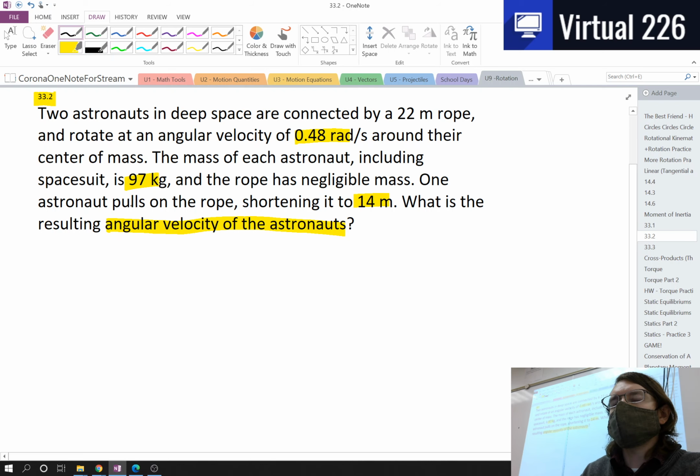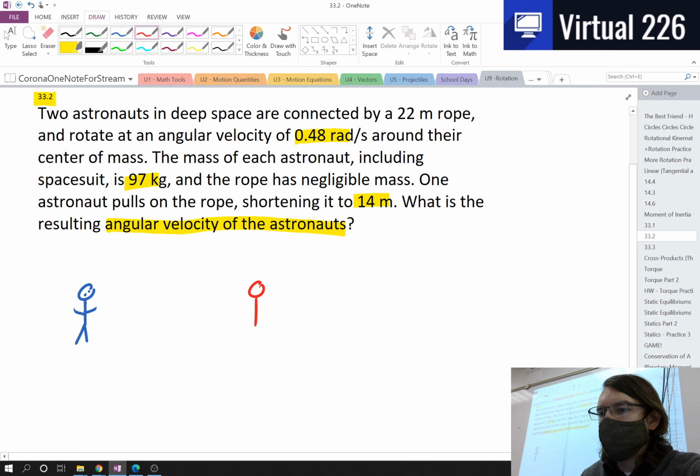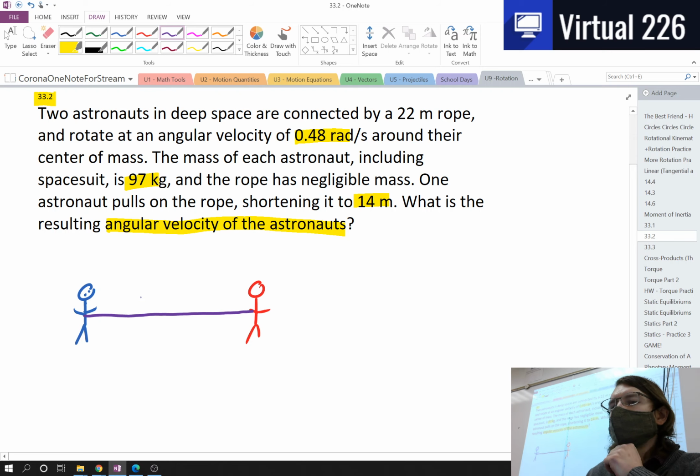So let's just draw a tiny little picture here, nothing too fancy. We're going to have an astronaut over here, and an astronaut over here. And they're connected via some rope or tether. And that entire rope or tether has a length of 22 meters, which means from the middle to each of the astronauts, that's 11 meters.